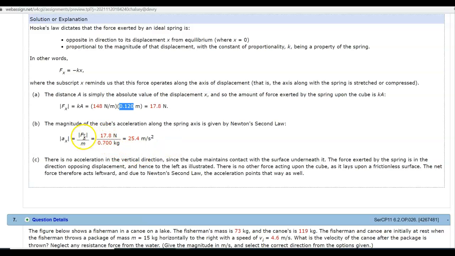So we take the absolute value of the force divided by the mass, or 17.8 newtons that we just calculated, divided by the 0.7 kilograms for the mass that we were given. And our acceleration is 25.4 meters per second squared.